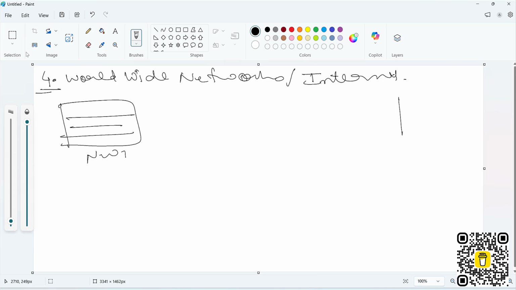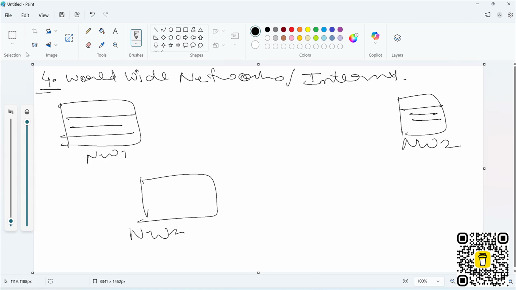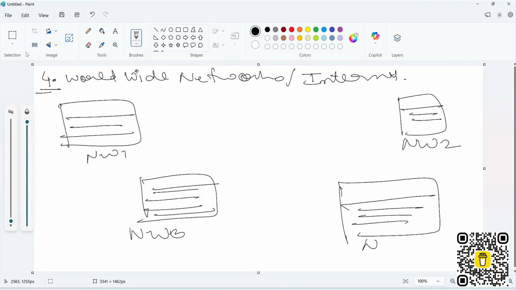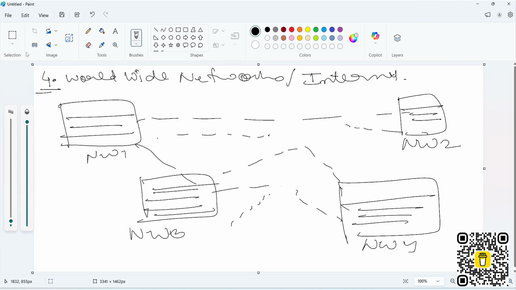Then we have a small or medium network over here, network number 2, then network number 3, and network number 4. We have many small or medium networks. When they are connected to each other or talk to each other, this is something called a worldwide network or the internet.